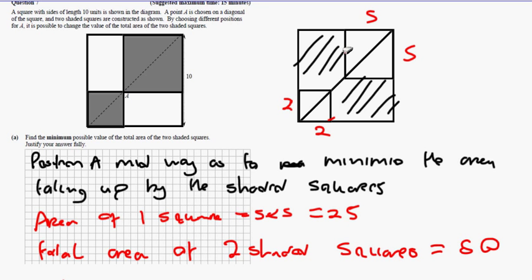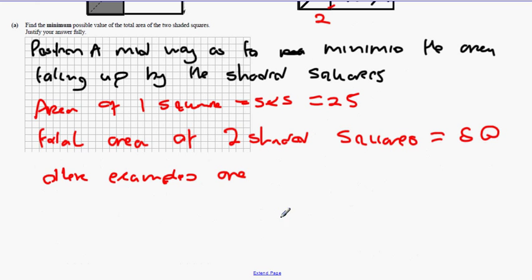You can position this one here, so that one's 8 and 8. So our example is 2 multiplied by 2 plus 8 multiplied by 8. That's 4 plus 64, and that gives you 68, and 68 is greater than 50.